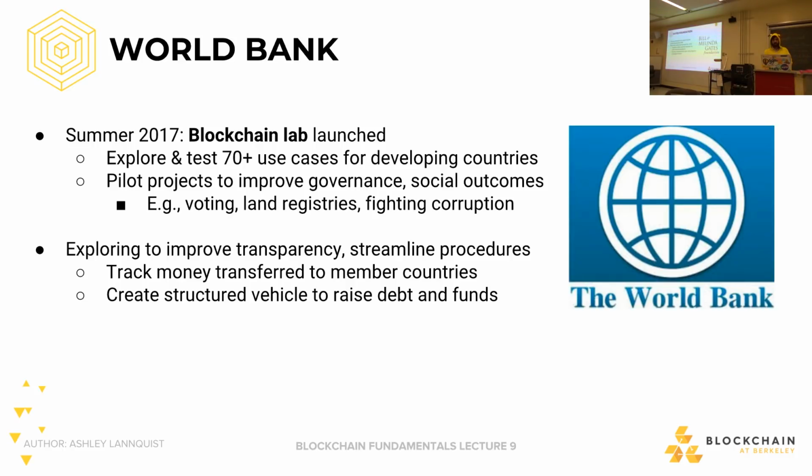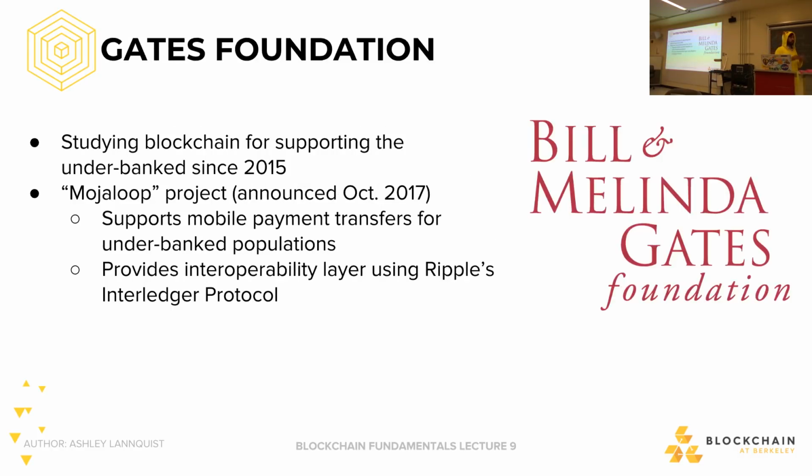You have the Gates Foundation, which has actually been supporting and studying blockchain for using that to support the underbanked since 2015. It's actually places which don't have the infrastructure to receive, for example, loans, that don't have the infrastructure to develop the way that we have the luxury to.